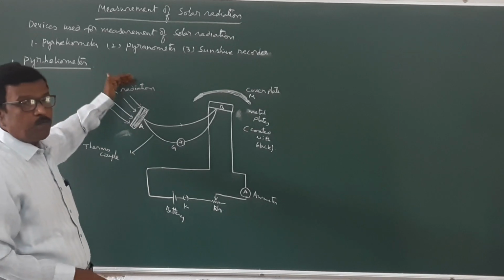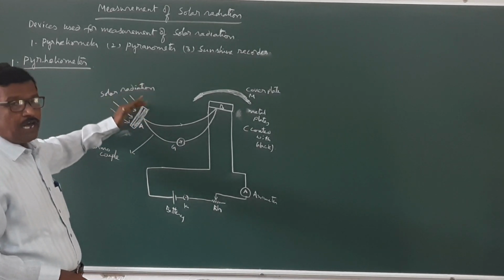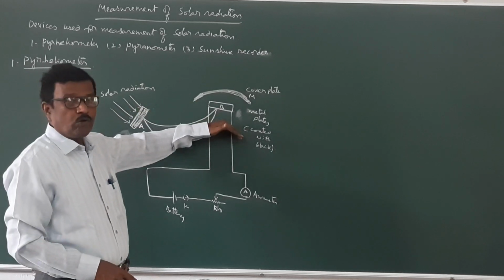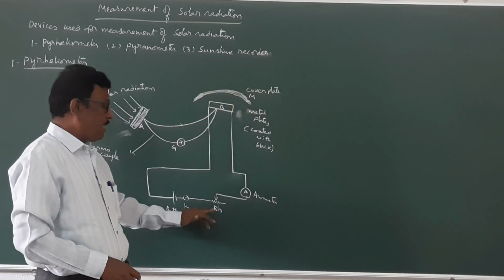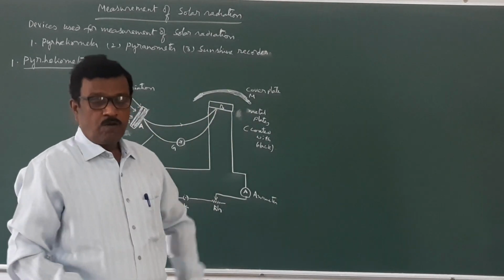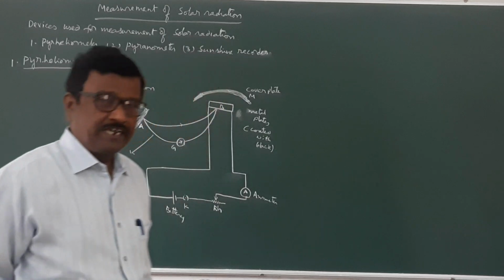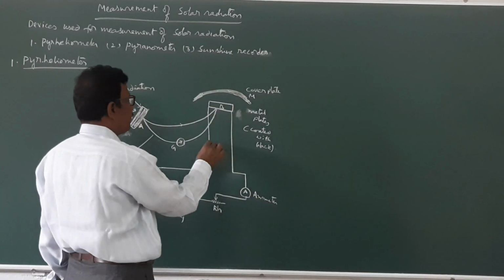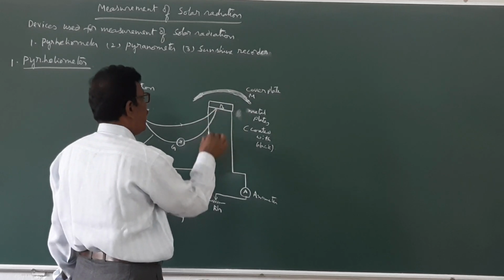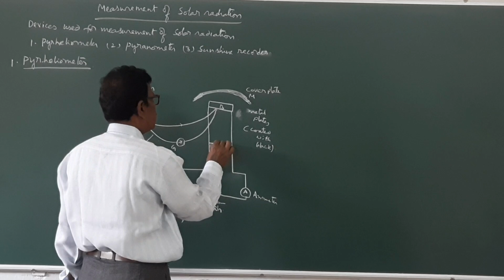Therefore, heat received by the plate A from solar radiation is equal to the heat generated in the plate B by the electrical circuit. Both are equal. At that stage, the current in the ammeter and the potential difference V across the plate are noted.